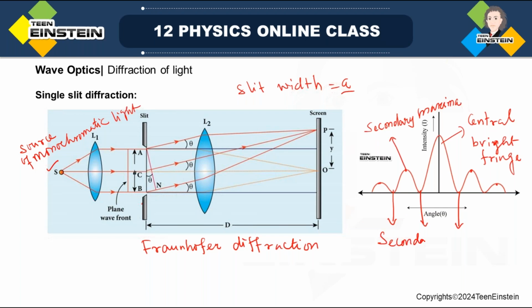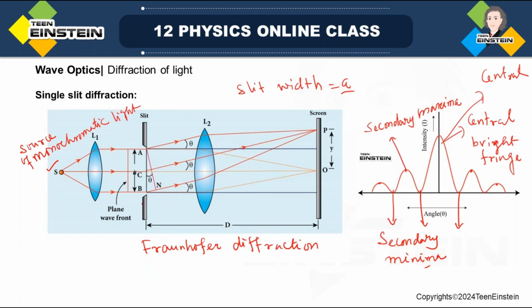We get these patterns due to the interference between secondary wavelets. That's why they are secondary maxima and secondary minima, and this is called the central bright fringe, or central maxima.